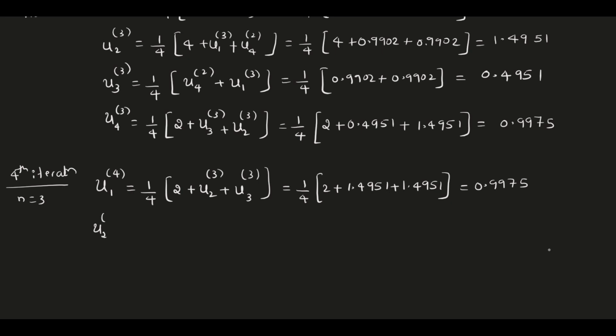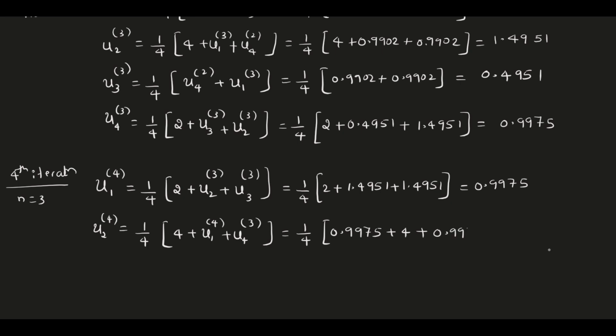u2 of 4 is 1 by 4 of 4 plus u1 of 4 plus u4 of 3. So 1 by 4, u1 of 4 is 0.9975, plus this is also 0.9975 for u4.